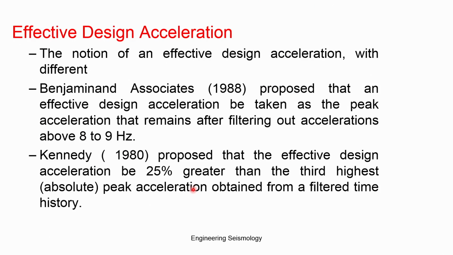Basically, we have seen that the acceleration time history which you get can be used to obtain time domain parameters. These can be picked up directly from the acceleration time history plot. If you have the three forms of the plot, acceleration, velocity and displacement, you can get peak horizontal acceleration, peak vertical acceleration, peak horizontal velocity and peak horizontal displacement.